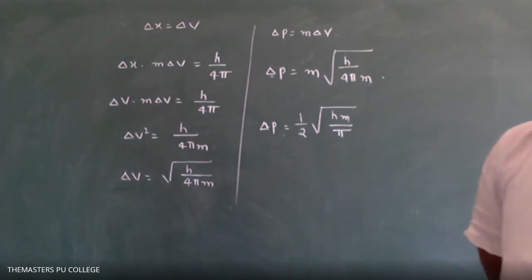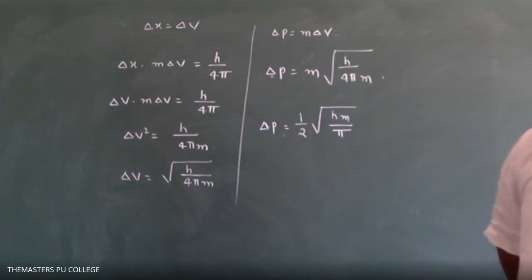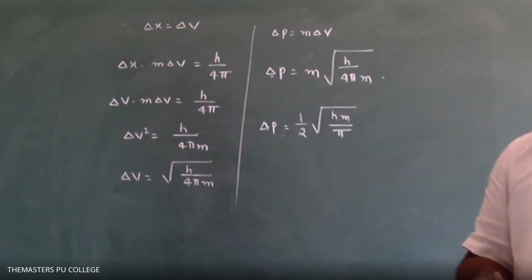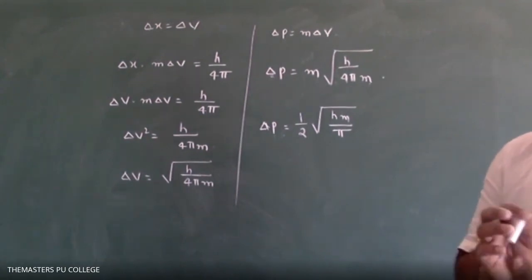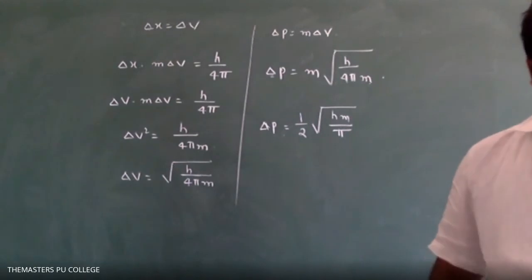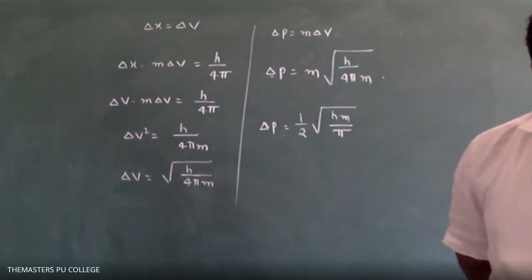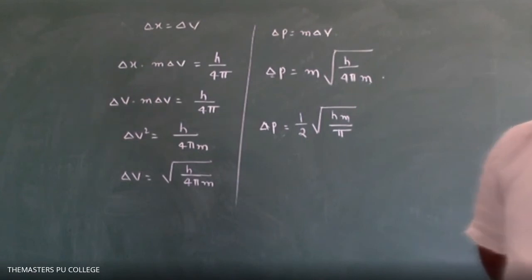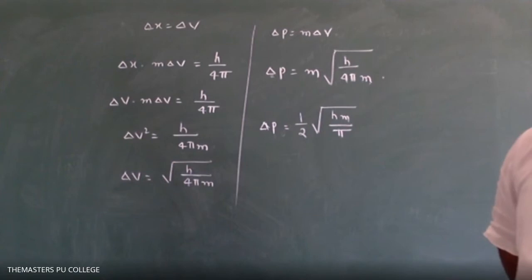Next, for 117, what does psi indicate? Wave function and amplitude of the wave. Next, what is psi square? Please read psi square. Psi square, the wave function, represents the probability of finding an electron. Its value depends on the type of orbital.